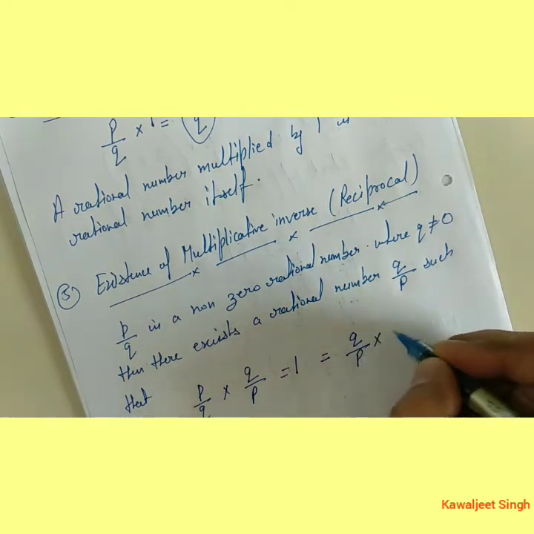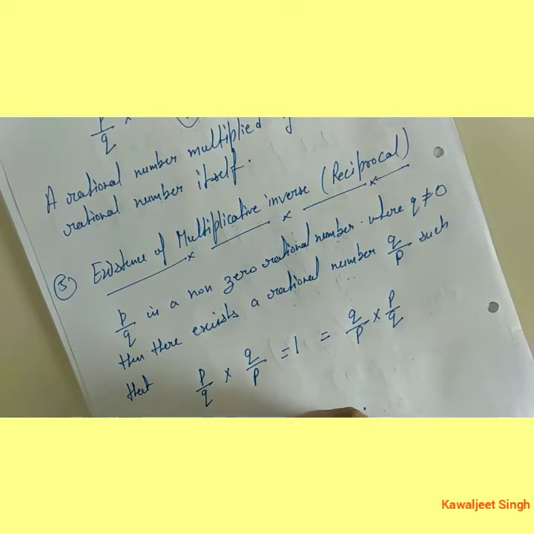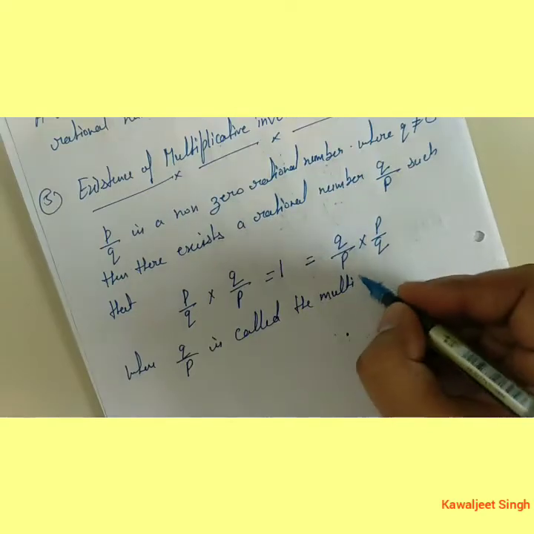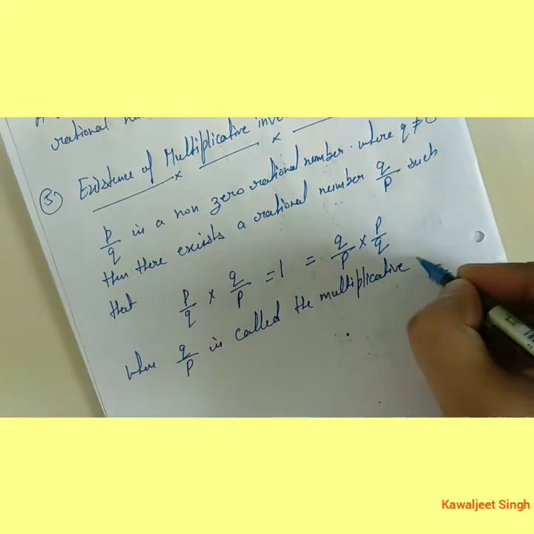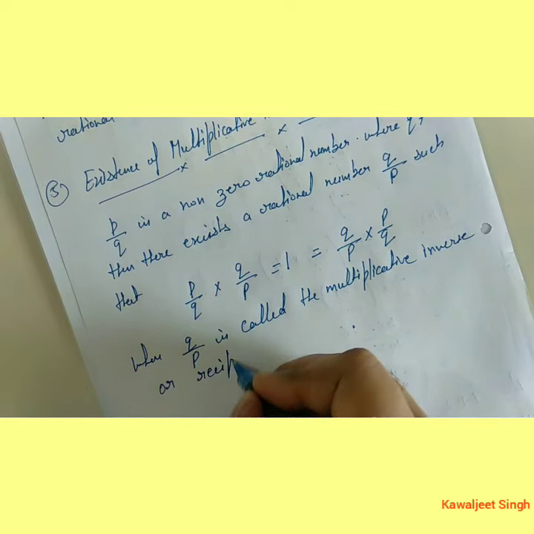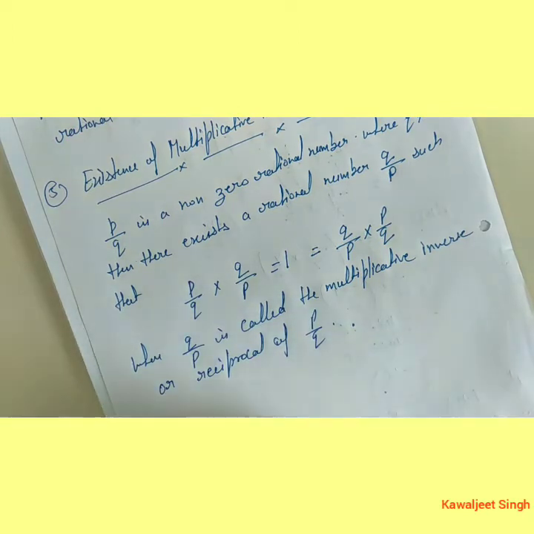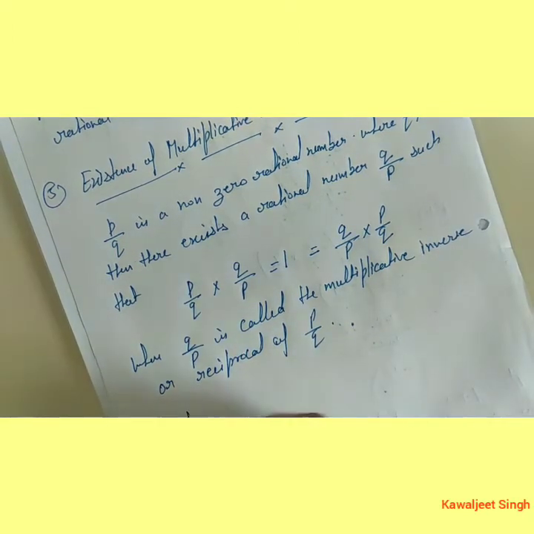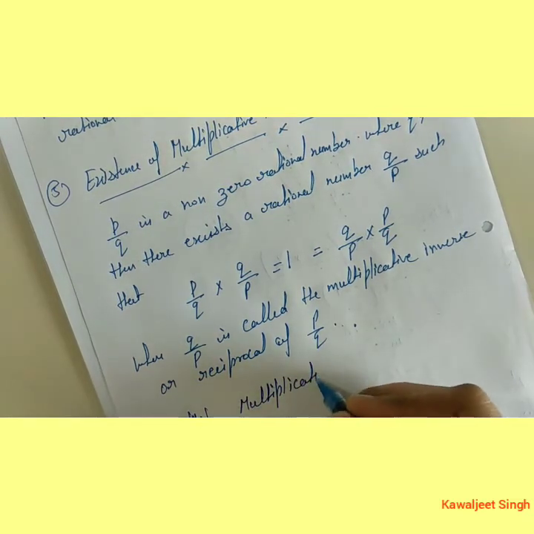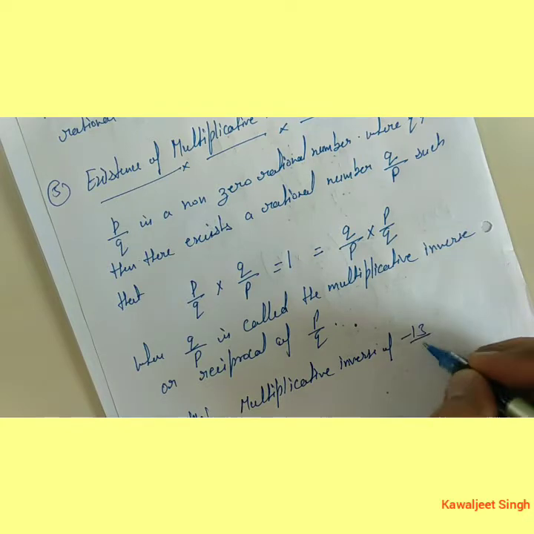the product of P by Q and Q by P is equal to 1, or the product of Q by P and P by Q is 1, where Q by P is called the multiplicative inverse or reciprocal of P by Q. For example, suppose we have to write the multiplicative inverse of minus 13 by 19.